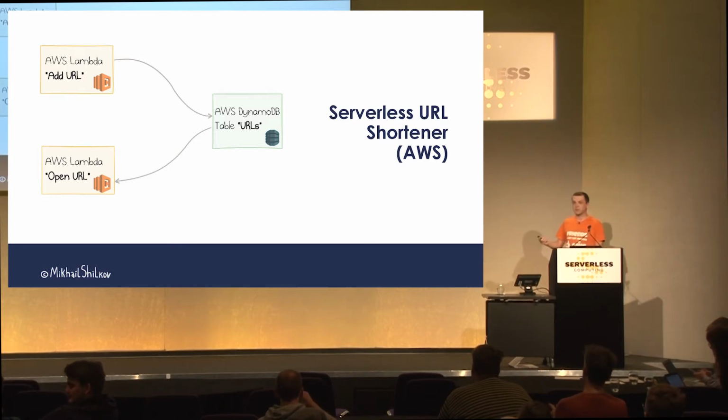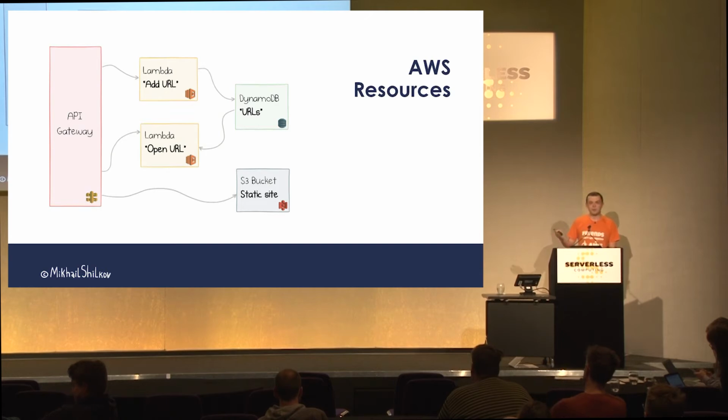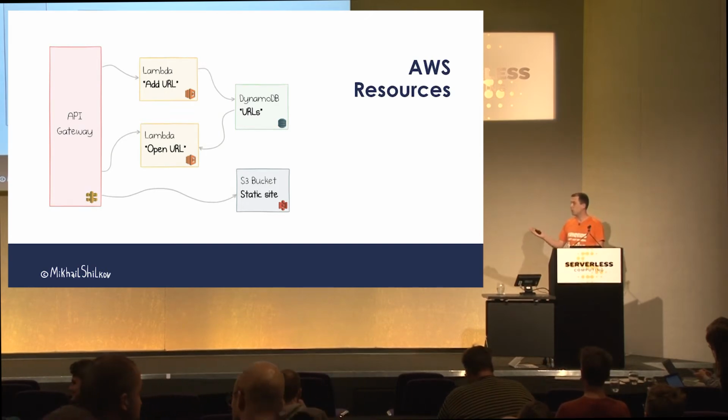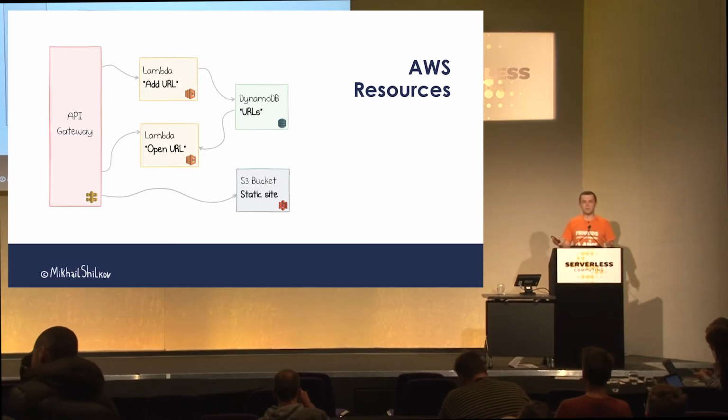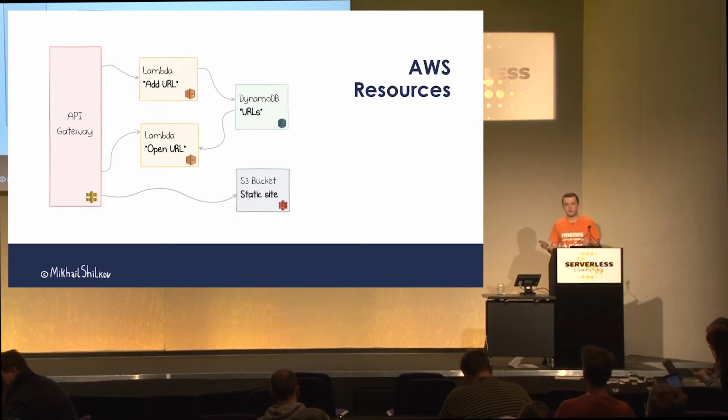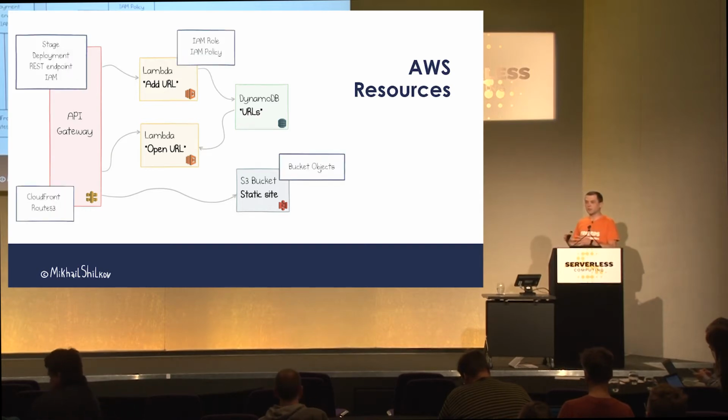But resource-wise, it's not the complete story. Of course, Lambda doesn't have integration with HTTP out of the box, so you have to use API Gateway for this. You also probably have to provide some front-end side to add new URLs. You need an S3 bucket to put HTML assets in there. And if we dig deeper, every resource requires some additional configuration.